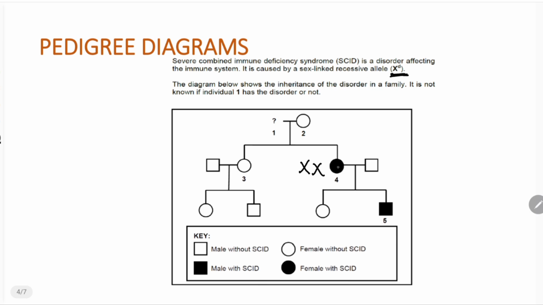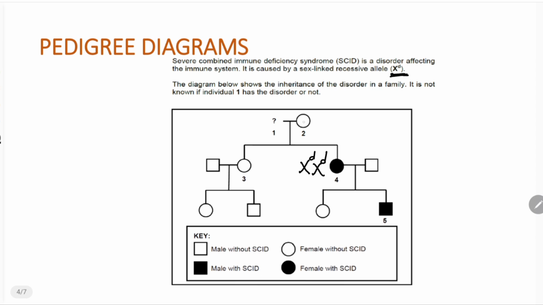And we know that SCID is caused by the allele X to the exponent of small letter d. Therefore, since individual number 4 has SCID, it tells me that she must be homozygous for SCID. She must have this recessive allele in all her X chromosomes. So her genotype can only be this one. This is the only possible genotype for this female, right?